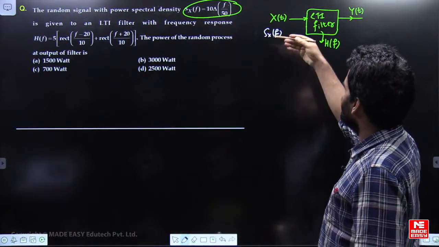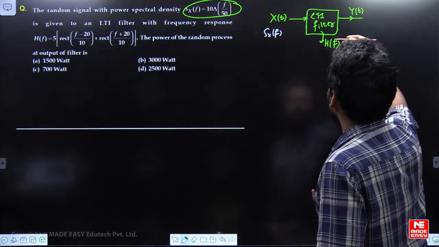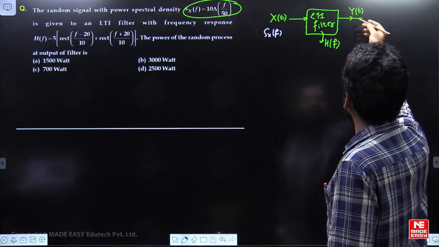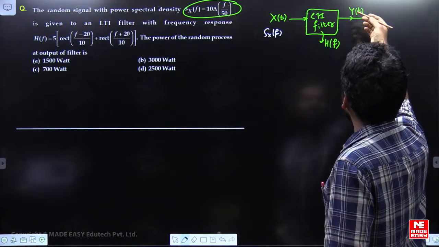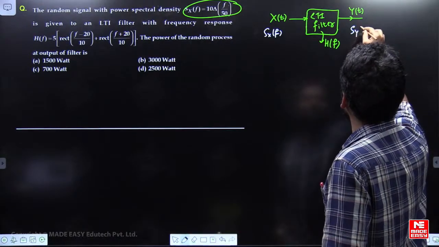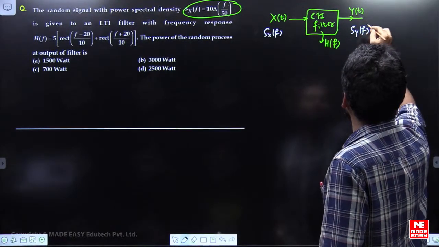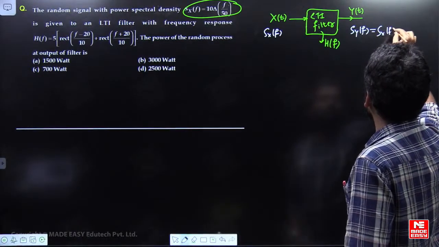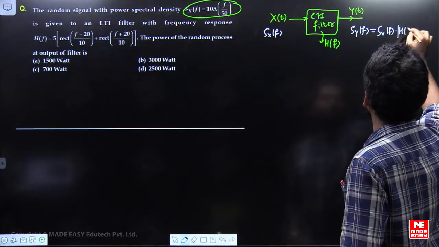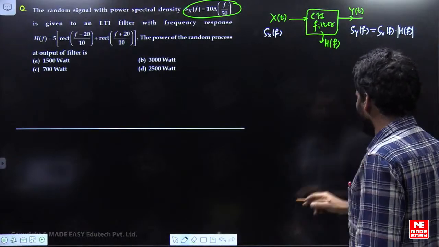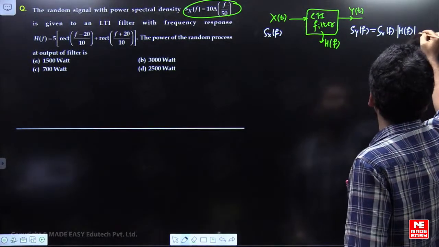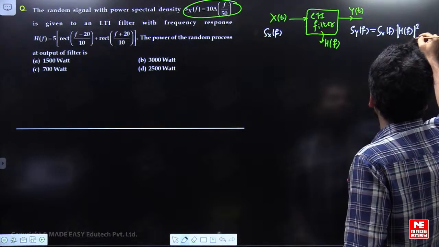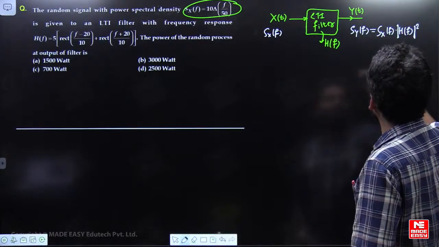If the input PSD is given and you need to find the power of the output process, first find the power spectral density of the output random process. How to get it? Sy of f is equal to Sx of f into mod H of f squared. Once we get the output PSD, the area under the PSD will give you the power.